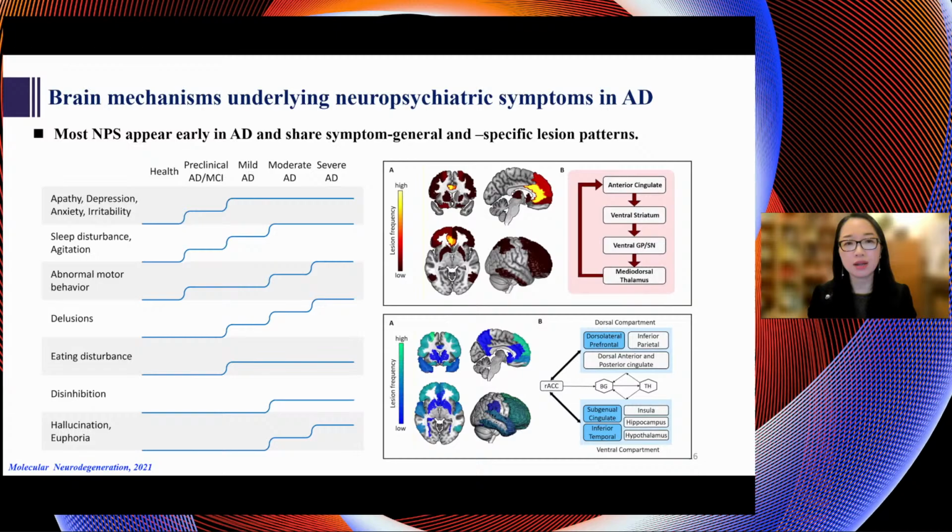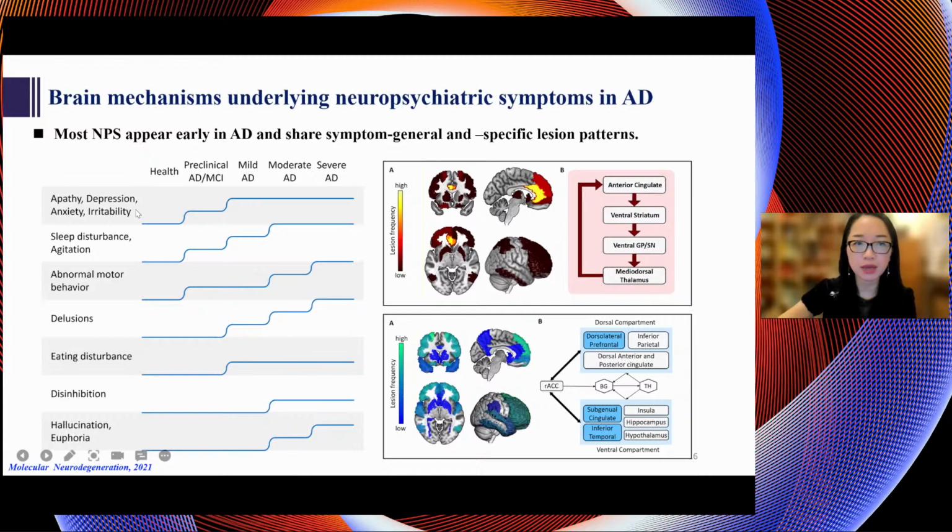And just last year, we published a paper in Molecular Neurodegeneration, and we provided the first literature review on neuropsychiatric symptoms in AD, NPS. We studied the onset times for the NPS.